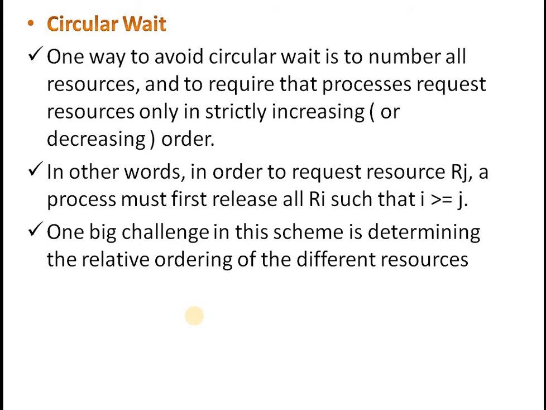If a resource being requested is considered as Rj, a process must first release all the Ri such that i is greater than or equal to j. It is the circular wait.